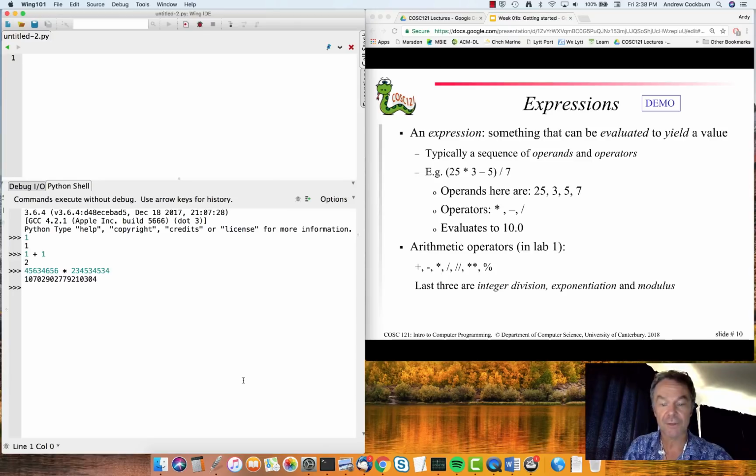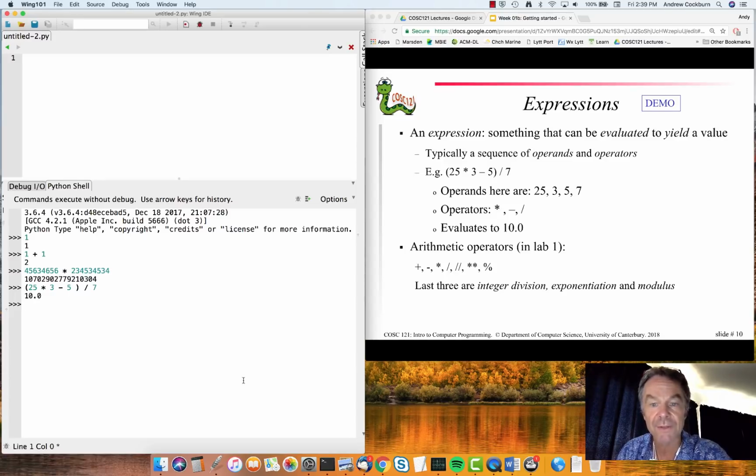So with the example we've got on the slide there, 25 times 3 minus 5 divided by 7, when I press return, it's sent to the Python engine, which interprets the expression, computes a value, returns that value, and prints it out at the display. So the value that it's calculated there is 10.0. Okay, so the expression evaluates to 10.0.